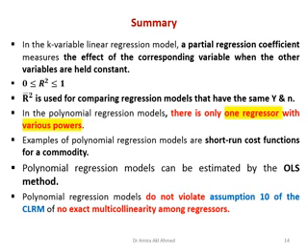Furthermore, we discussed the polynomial regression models as examples for multiple regression models. In polynomial regression models, there is only one regressor in the right-hand side, but this regressor appears with different powers, hence making them multiple regression models.